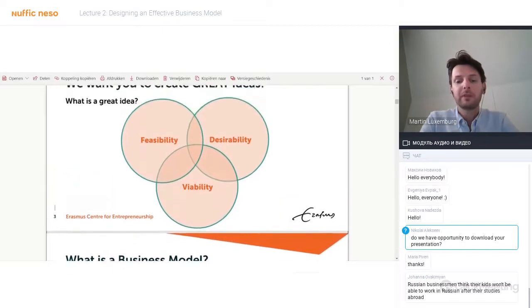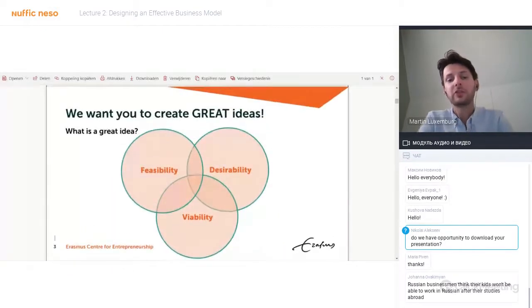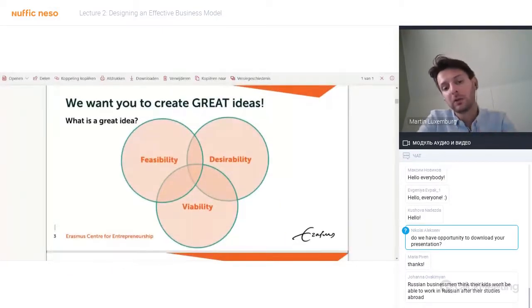And then I really want you to understand this model, and maybe also write it down for yourself if you're thinking about starting a business, or already have one and want to grow it. If we look at your business model, and at the proposition that you want to provide to your customers, there are three things. The first is that the thing that you offer needs to be desirable.